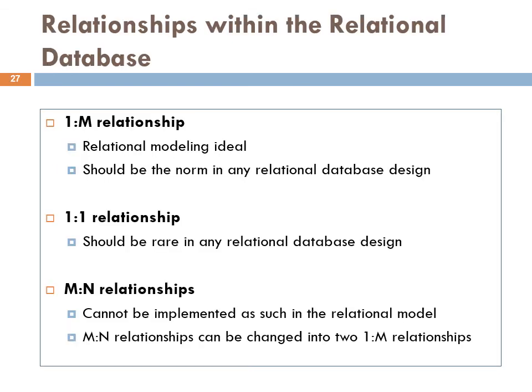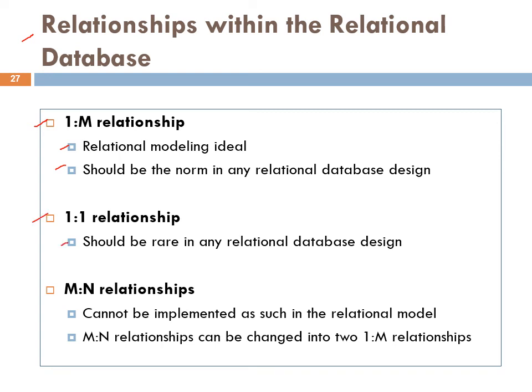Our next topic is relationships within the relational database. Basically, we learned about relationships in the previous chapter, right? The relationships that we have learned are one-to-one, one-to-many, and many-to-many. In this chapter, you are going to learn those relationships further, so that it can help you to apply them properly when you start developing database design. One-to-many relationship is the relational modeling ideal and should be the norm in any relational database design.